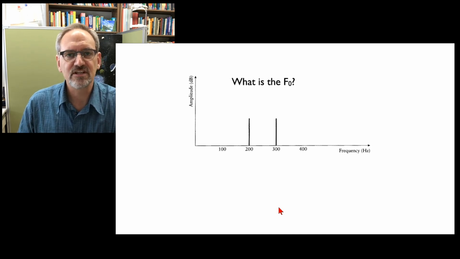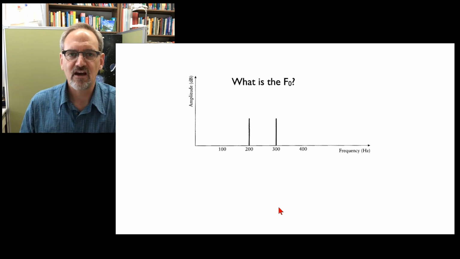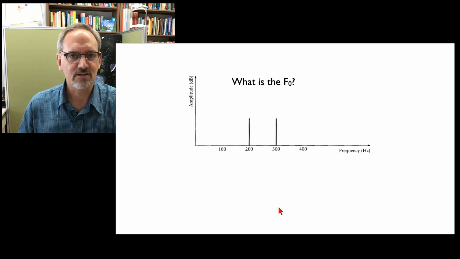But what's the F0? Well, the F0 can't be 200 hertz because if the first harmonic is 200 hertz, the second harmonic is 400 hertz because 200 times 2 is 400. And the third harmonic would be 600 hertz. But here I have a harmonic at 200 hertz and a harmonic at 300 hertz.